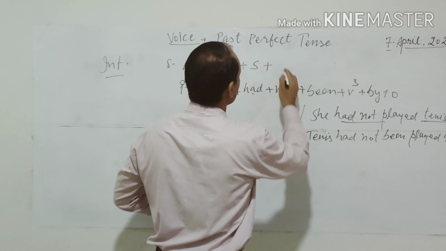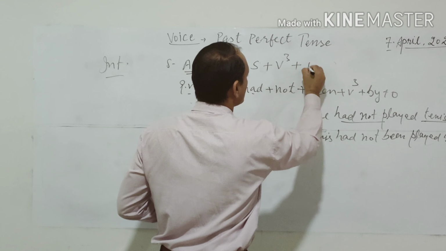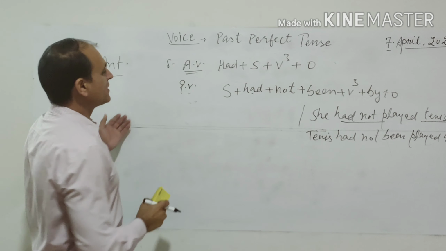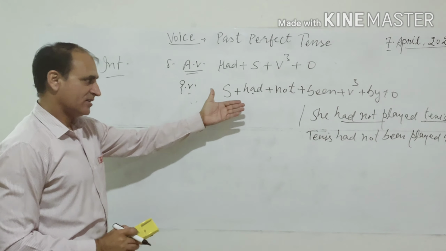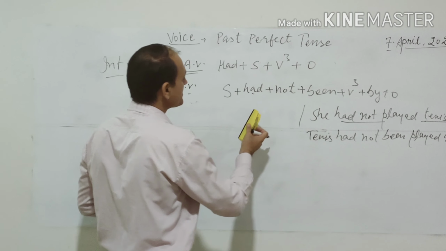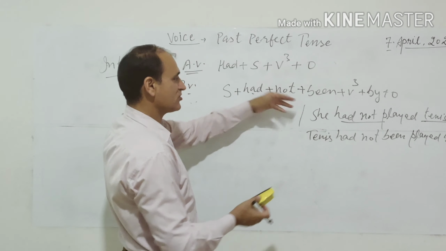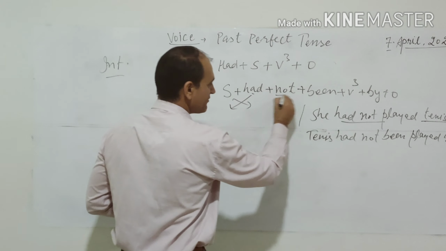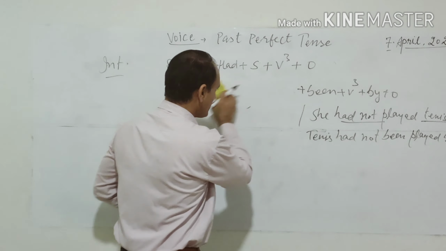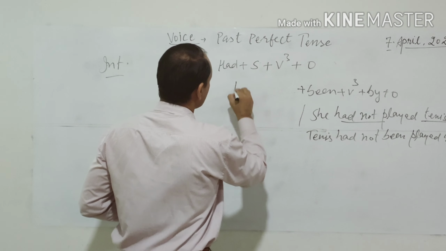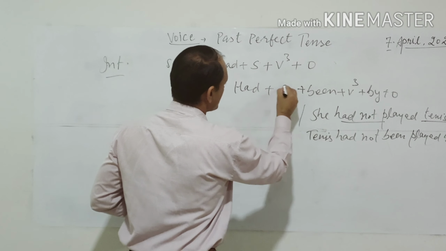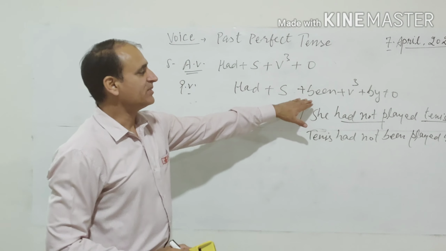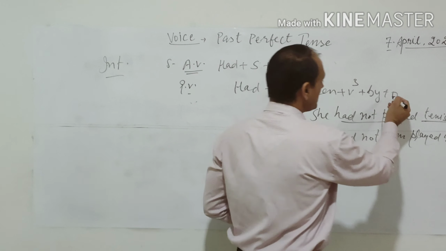When we change the passive structure also, it will change its place, and we have to drop not also. So first we change the place of subject and helping verb, and then we drop not. So the structure will become had plus subject, then been V3 plus by, and then object.